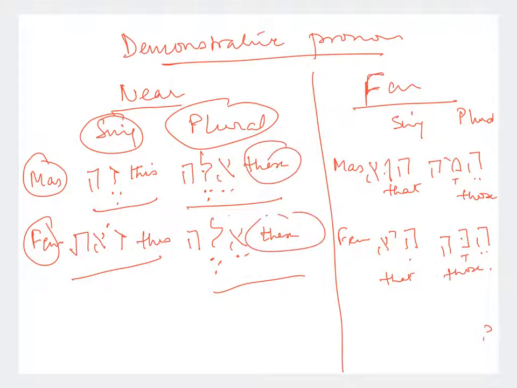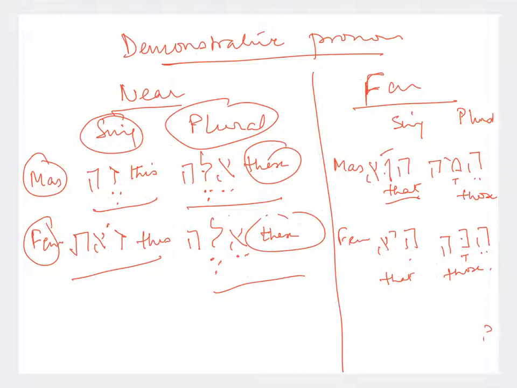All right. What about this? Hu, that. Now you have come across this form before also when it is the independent personal pronoun in the 3MS. Now here you will realize that it's appearing as a demonstrative pronoun. So how do I know when it's functioning as an independent personal pronoun and when as a demonstrative pronoun? The answer is the context will tell you. The context will always make it very clear.